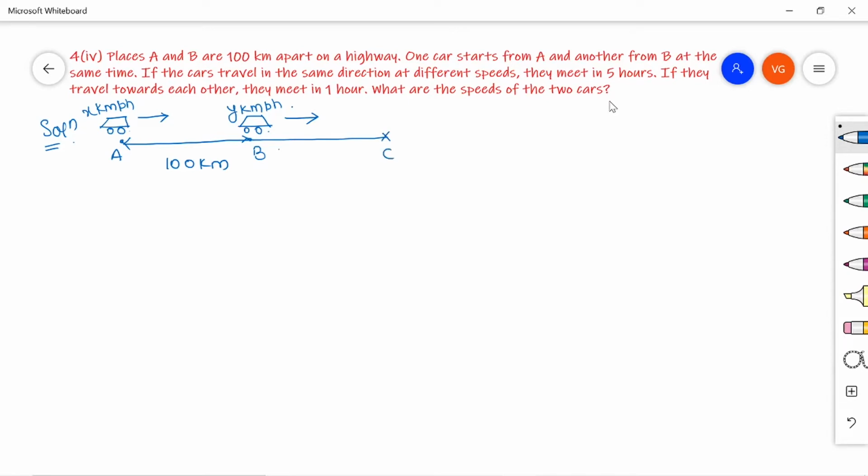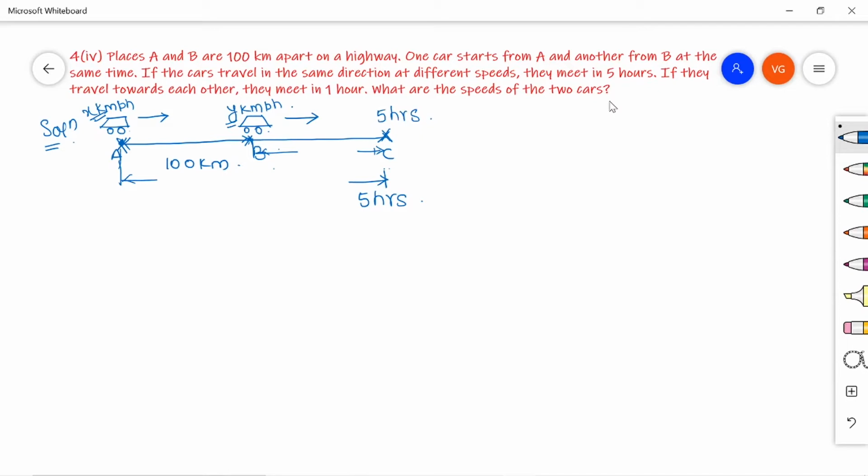That is, the car that started from A has to travel from A to C, the total distance 100 kilometers plus BC, with a speed of x kilometers per hour in 5 hours. Similarly, the car that started from point B has to travel a distance of BC with a speed of y kilometers per hour in 5 hours. They both meet at some point C.